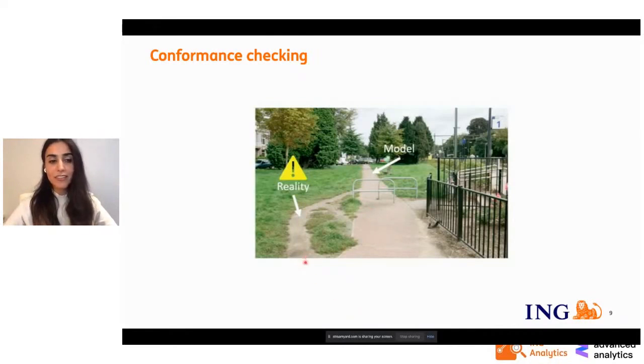But in reality, you see the grass here where people are making a path. So in reality, you can say, okay, this is a deviation from the model we have. So conformance checking in real life is doing checks like this: what we have as a model, and in reality, because we have the logs, what we are achieving there.